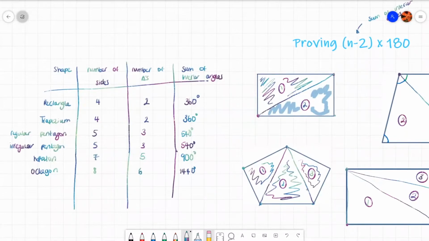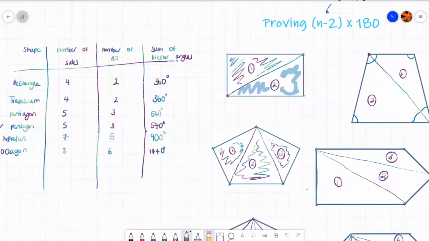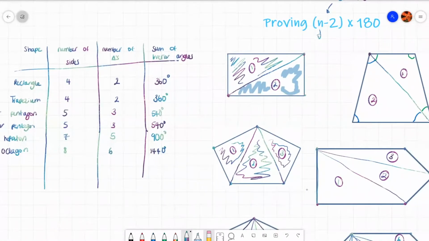Okay, well, where does that come from and what does it mean? So n actually is the number of sides of your shape. Well, if I've got a four-sided shape, I can make two triangles.